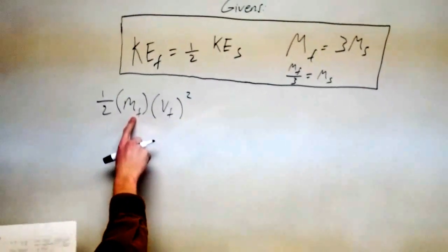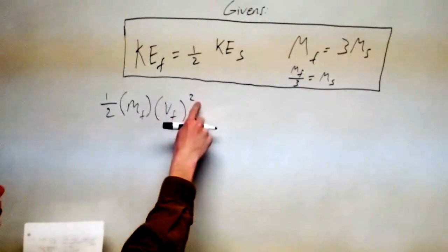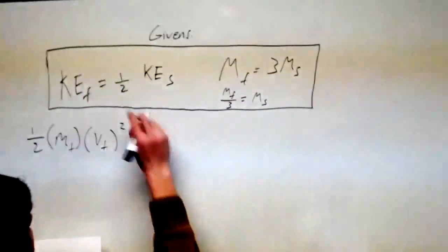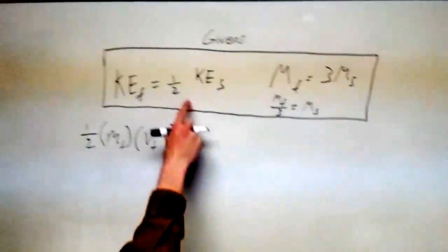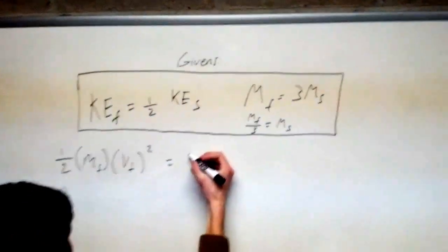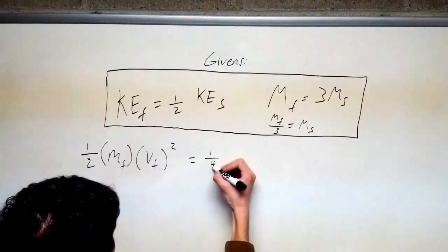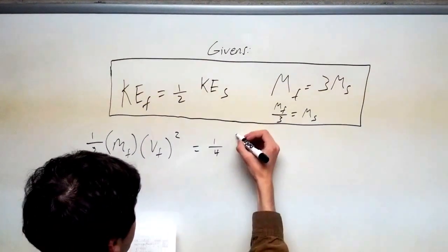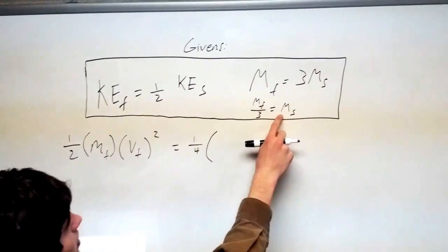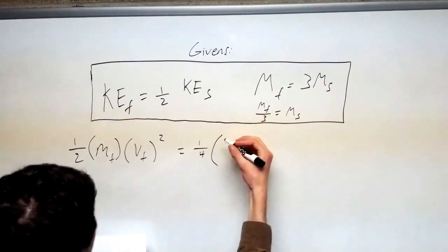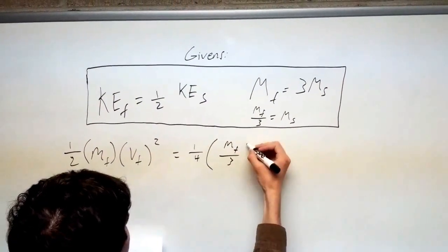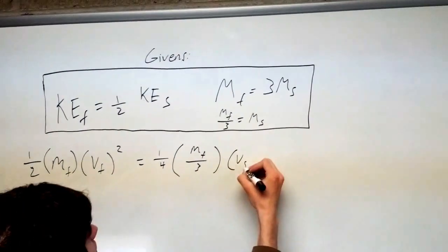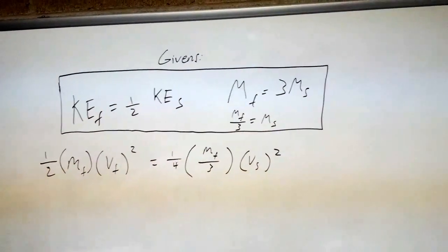So 1/2 times the mass of the father times the velocity of the father squared equals, we said that the kinetic energy of the father, this, is equal to 1/2 the kinetic energy of the son. So we can put 1/4. The mass of the son equals the mass of the father over 3. So we can put that in for the mass of the son. And then the velocity of the son squared.